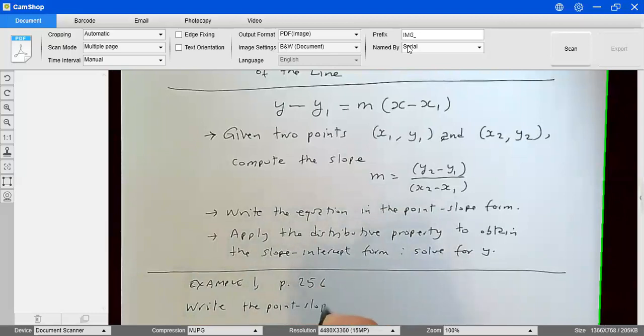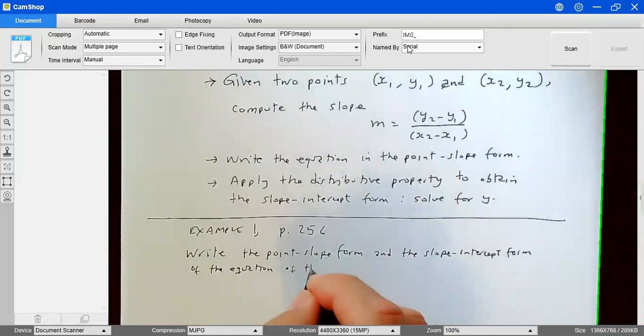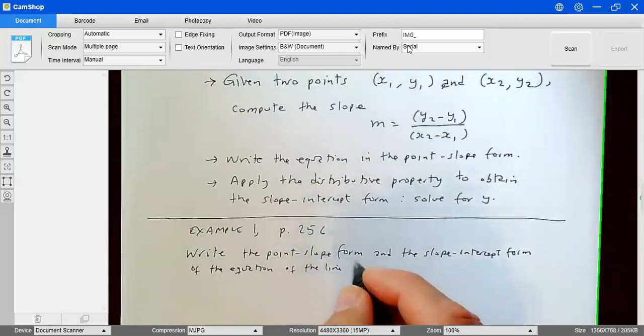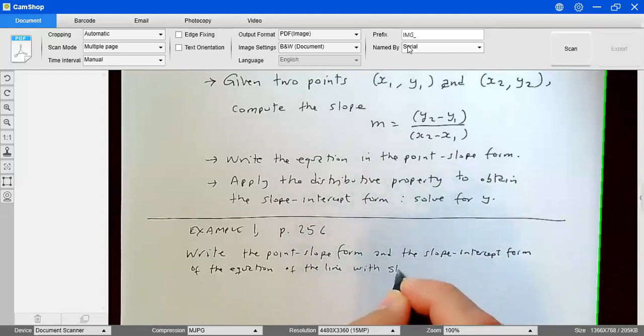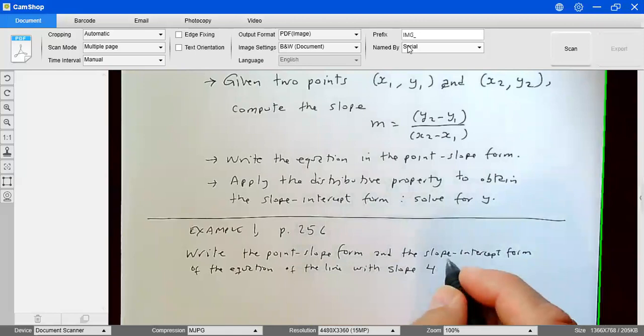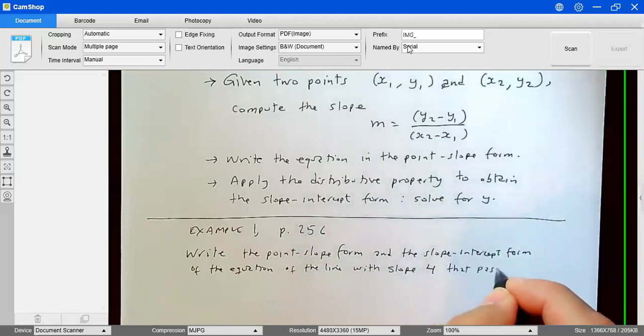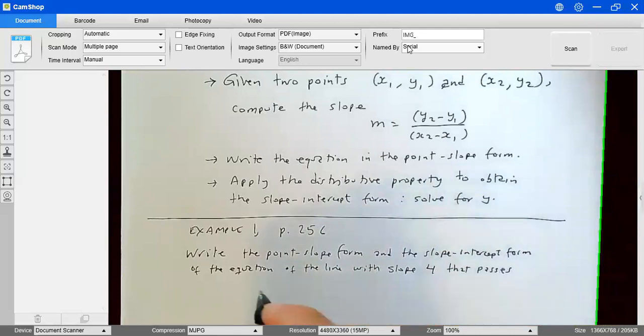So the problem is to write the point slope form and the slope intercept form of the equation of the line with a slope 4 that passes through the point -1,3.